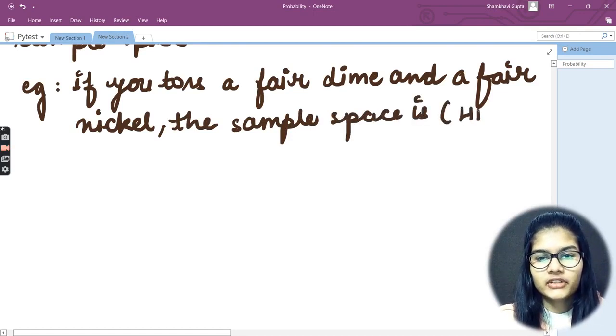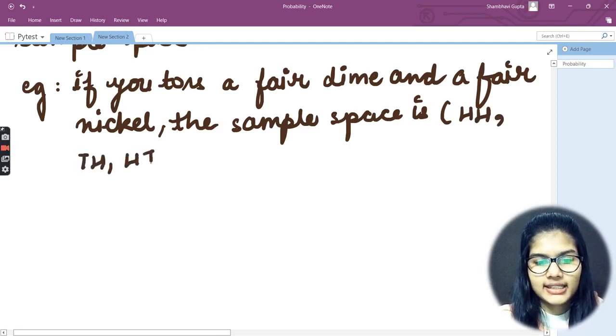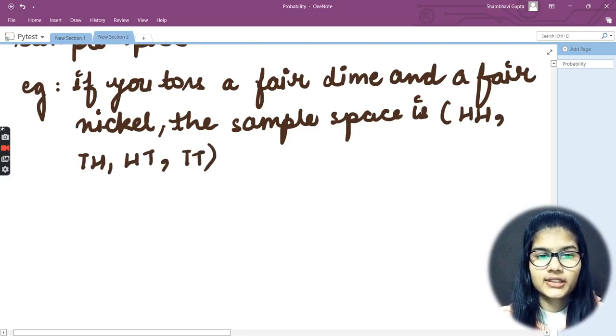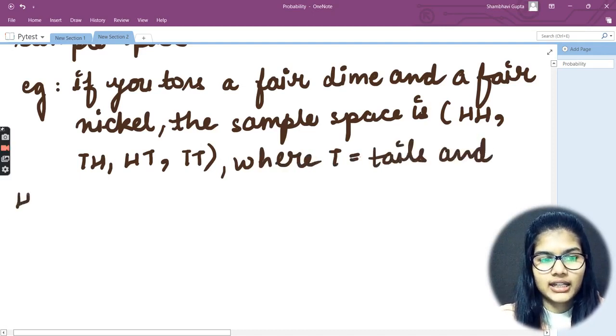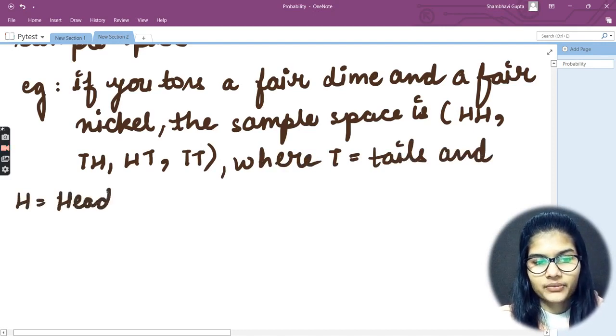What's my sample space? That will be head head, tail head, head tail, tail tail, right? This is the sample space if you toss two coins simultaneously. Here, T is equal to tails and H is equal to heads.